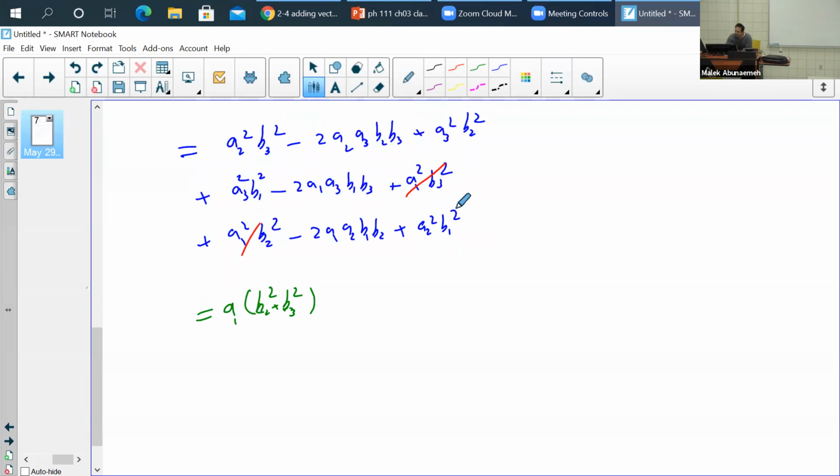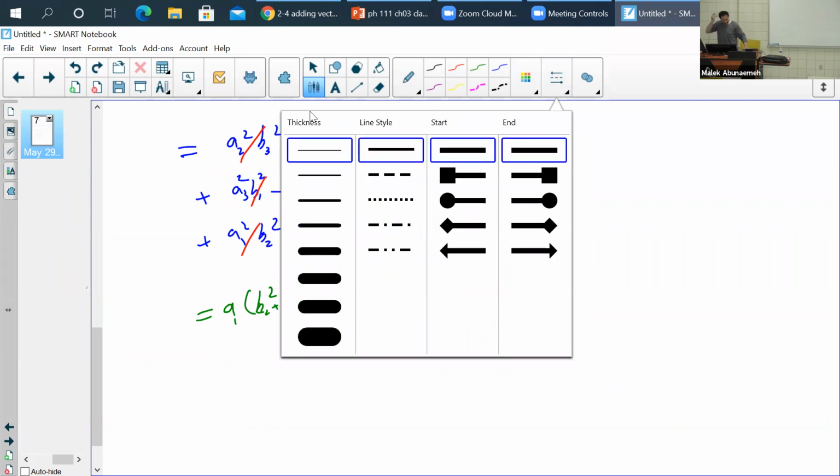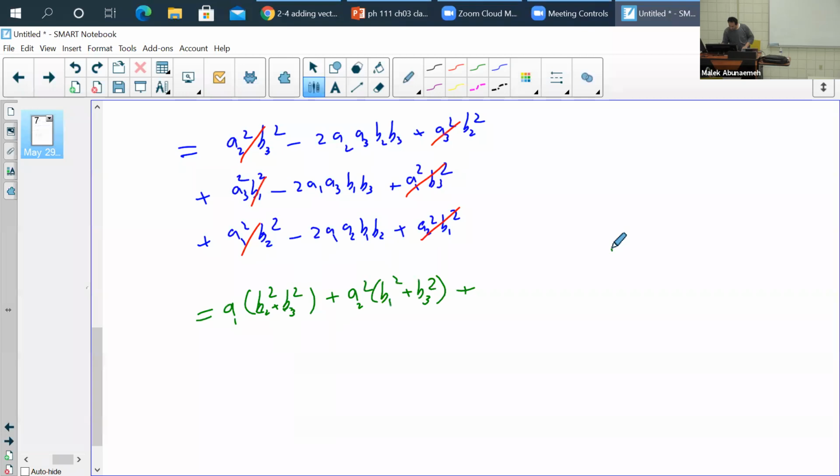Now we do A2 for B1 and B3. So plus A2 squared for B1 squared plus B3 squared. Plus the third one for A3, B1 and B2. So you get A3 squared, B1 squared plus B2 squared.